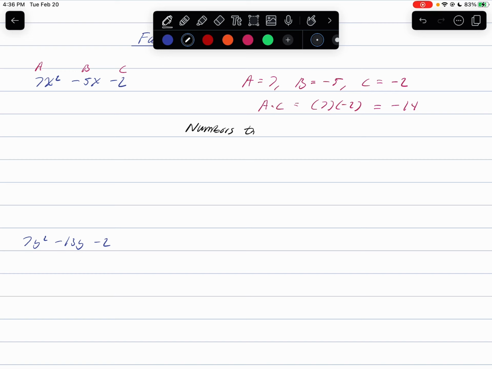Numbers that multiply to negative 14 and add to negative 5.